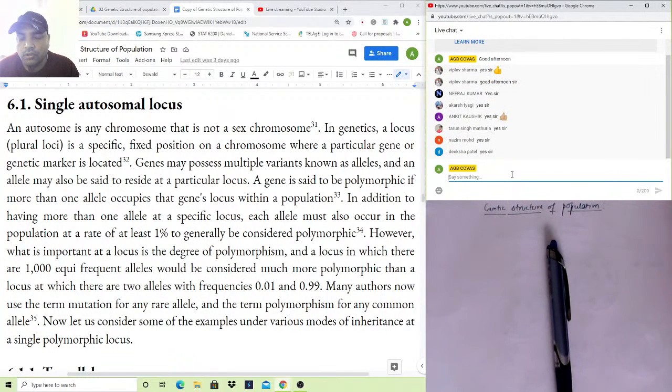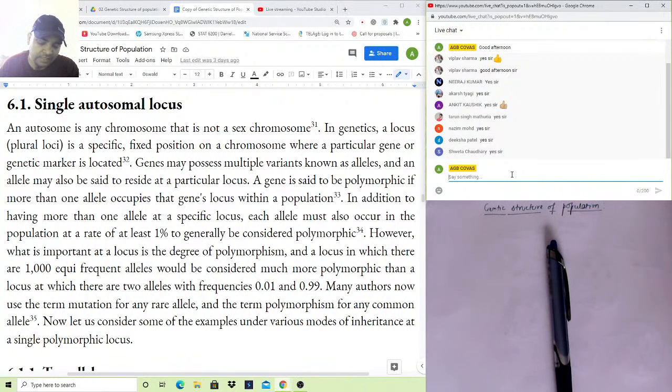And to be very frank, what I am going to teach you today and in coming classes, through my knowledge of statistics and probability and other fields, I am trying to introduce the concept of dummy variable, through which it becomes very easy to estimate the allelic and genotypic frequencies in Hardy-Weinberg equilibrium as well as the genetic structure of population.